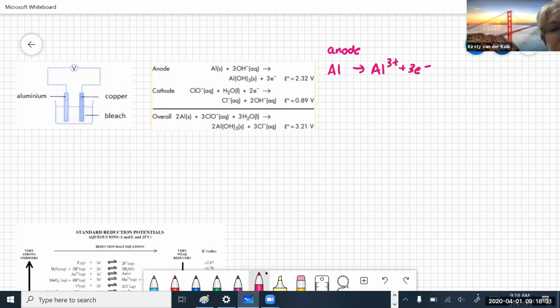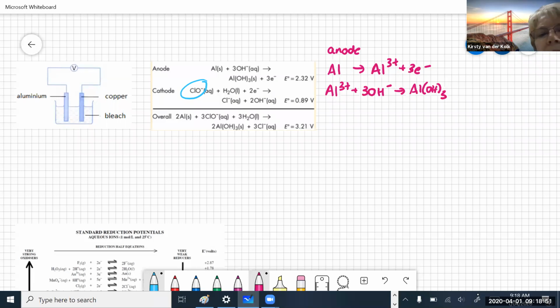Then the aluminium ions are picking up some hydroxide ions from the bleach to make aluminium hydroxide. What we're seeing at the cathode is the reaction of the hypochlorite ion in the bleach.